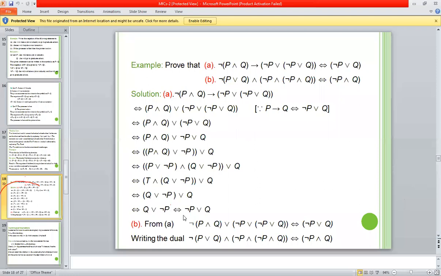So by the commutative law we write it like this: negation P or Q. This is the RHS of the given formula.